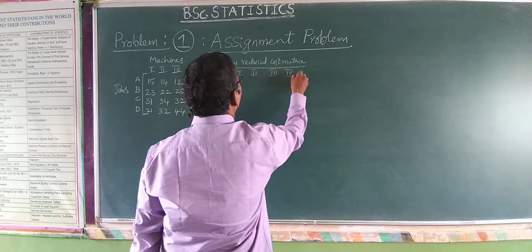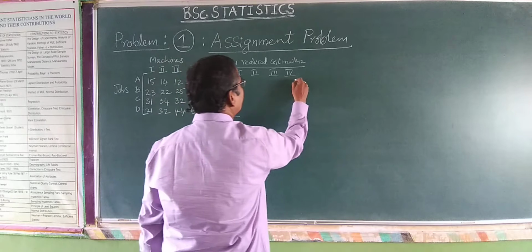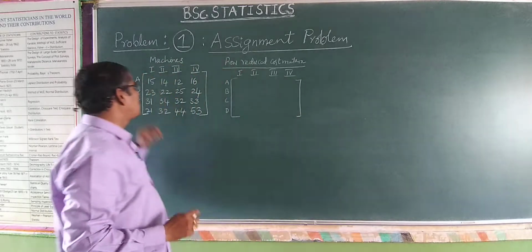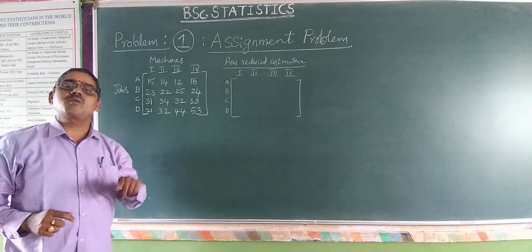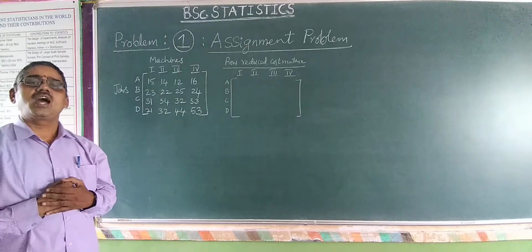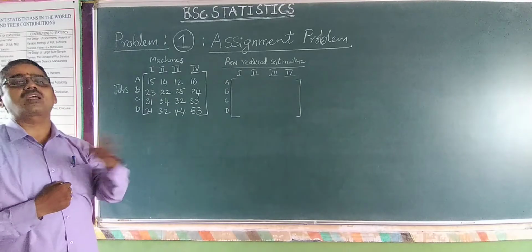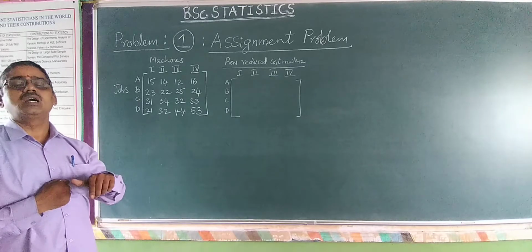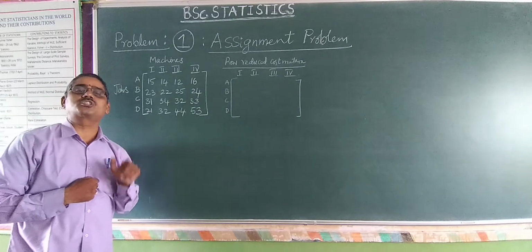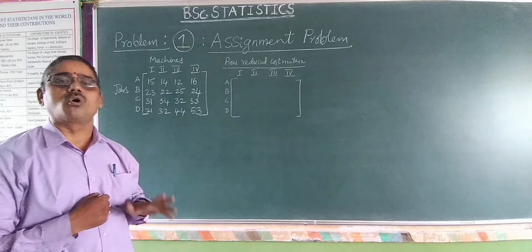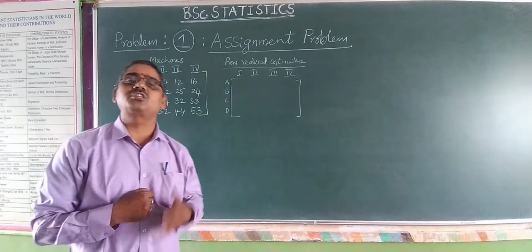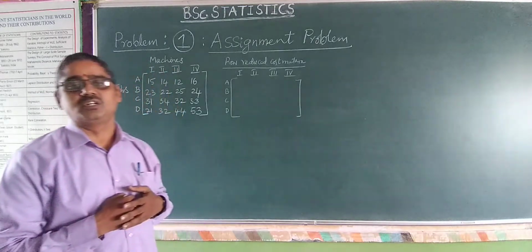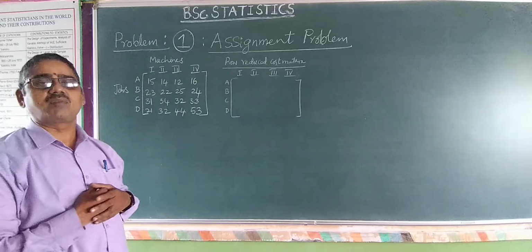Now, if you consider the first row, select the minimum cost in the first row and subtract it from all other elements in the first row, so that a single zero is obtained in that row. The same procedure is continued for all rows. That is called the row reduced cost matrix.